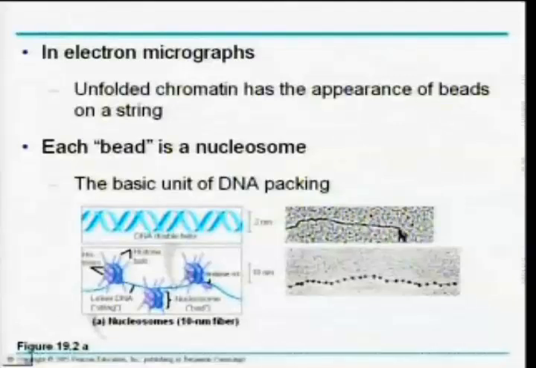So with the electron micrograph, it would look a bit like this. We see the 2 nanometers scale here, and the lower panel on the left is showing the nucleosomes, basically the 10 nanometer height, or width, of the DNA fiber.